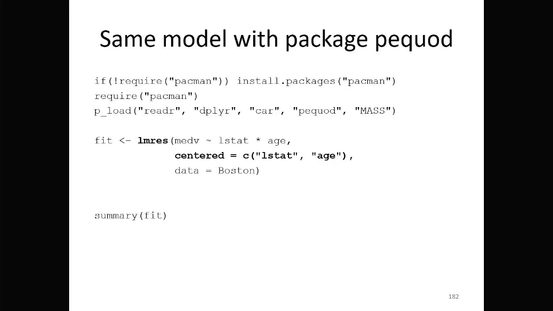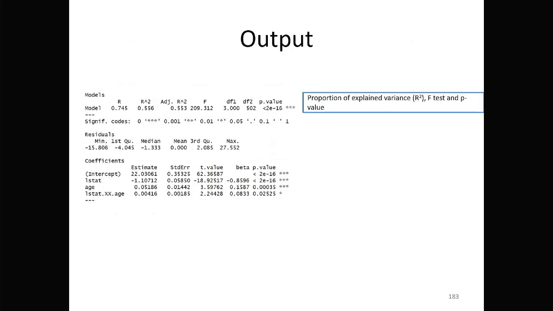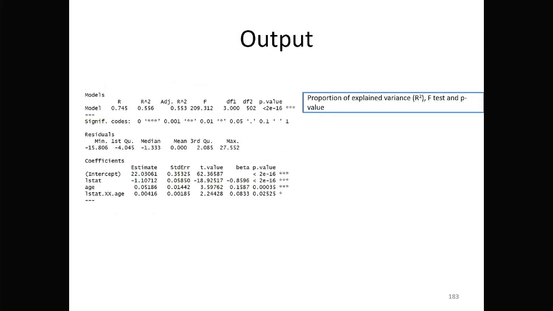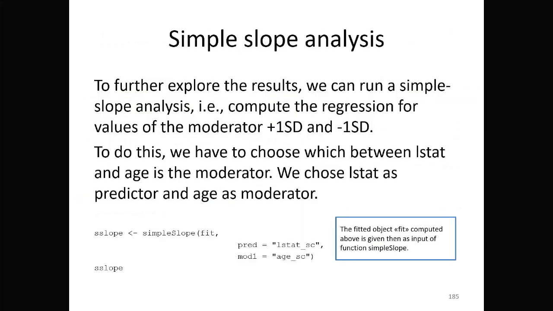You do a multiple regression with interaction effect. It has an embedded centering option, so you can tell R to center these variables, and you don't need to center them manually in the formula.